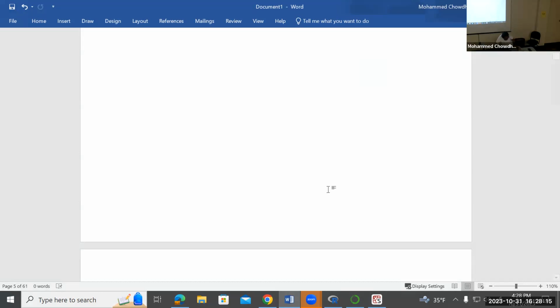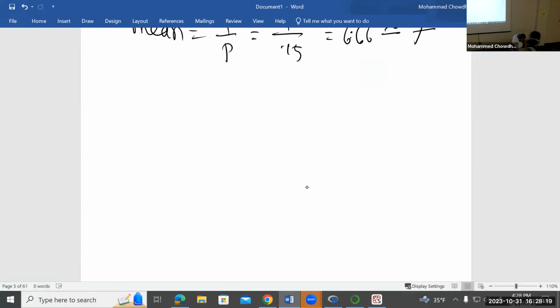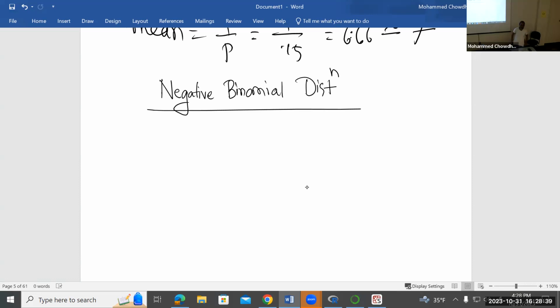Okay. Negative binomial distribution. It has a mathematical format: probability of X equal to x is (x plus r minus 1) choose (r minus 1), times p to the power r, times (1 minus p) to the power x.